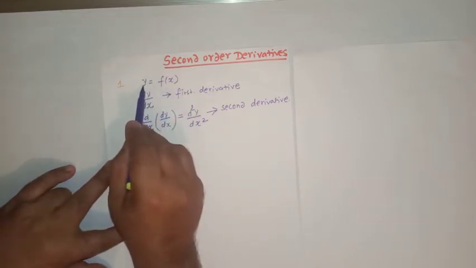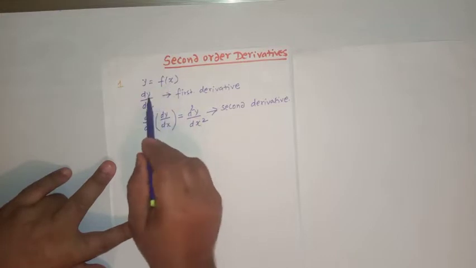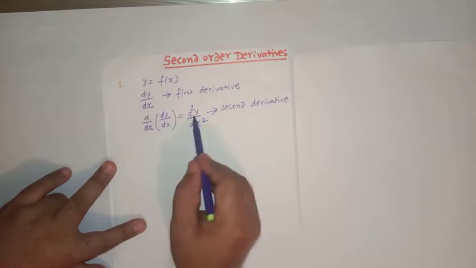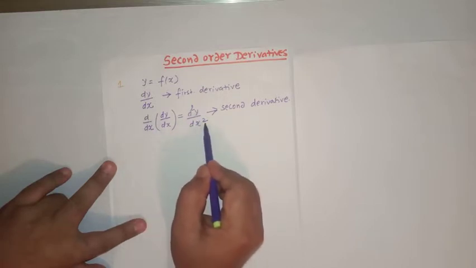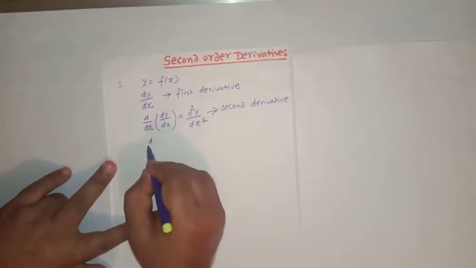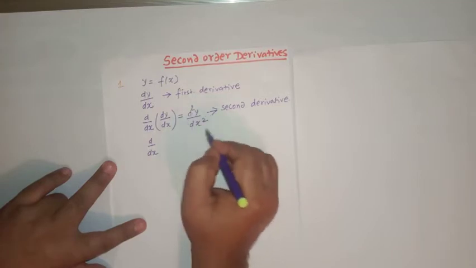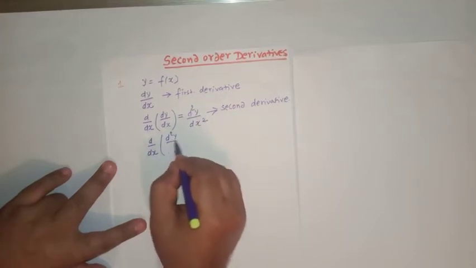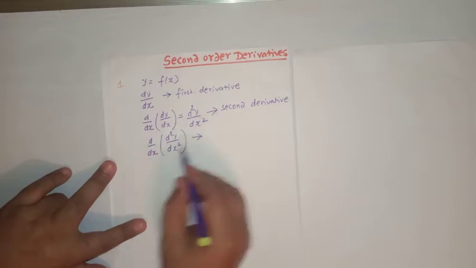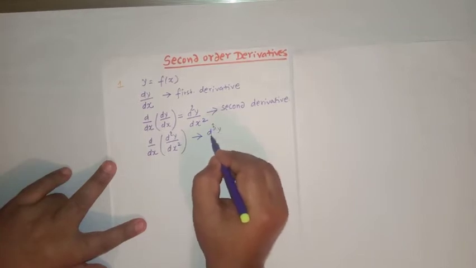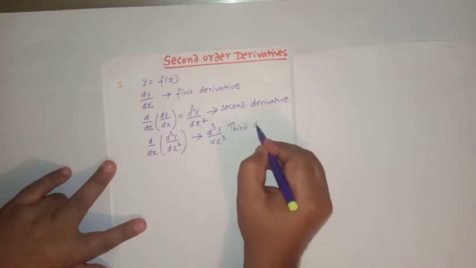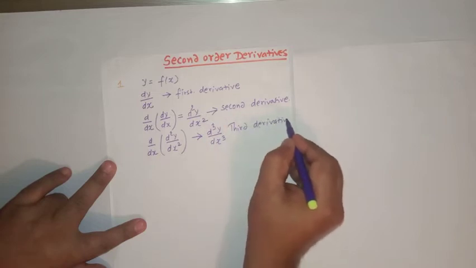Therefore, we can say that if y is equal to f(x) be a function, then dy over dx is known as the first derivative, and d2y over dx2 is known as the second derivative. Now, if we differentiate this second derivative, then we get the third derivative, that is d3y over dx3. So this is called the third derivative, right?